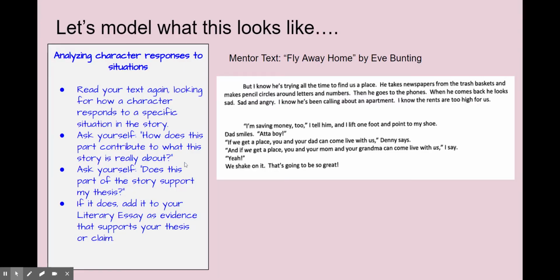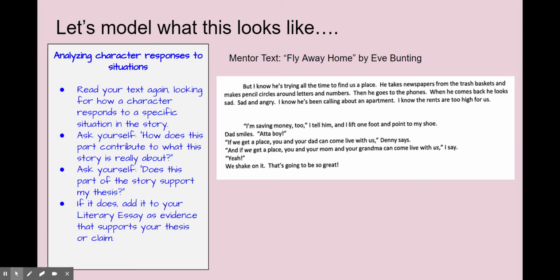So here's our anchor chart. Let's look at our anchor chart first before we read our mentor text from Fly Away Home by Eve Bunting. Analyzing character responses to situations, 4 steps. First, read your text again, looking for how a character responds to a specific situation in the story.